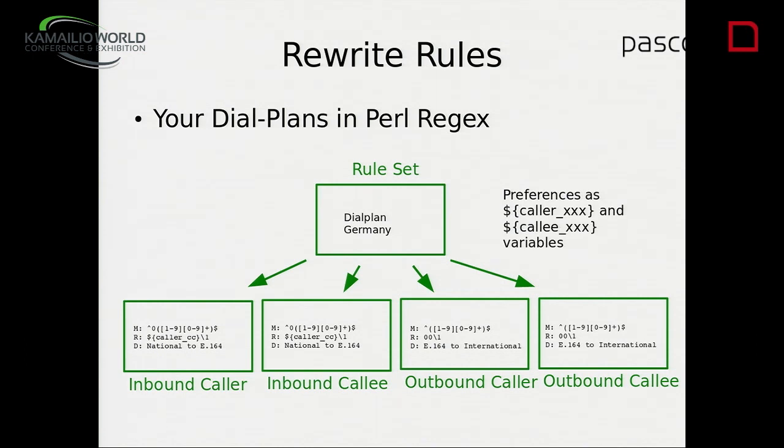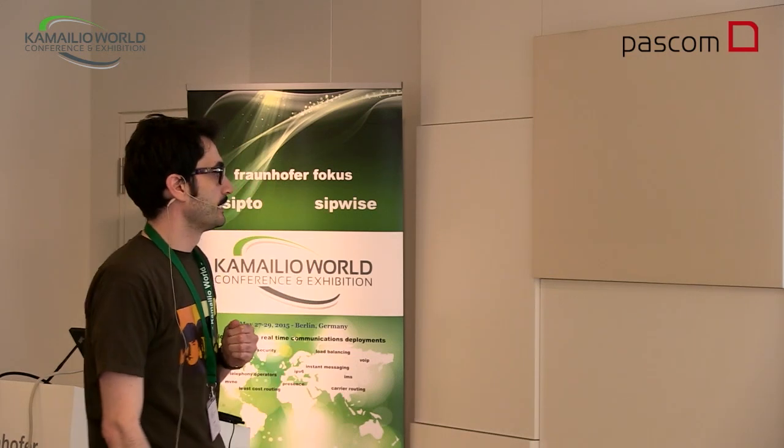Actually, the rewrite rules can be assigned to the domain, so all subscribers under that domain will use the dial plans, or can be assigned to each subscriber if you want to differentiate some subscribers from others, and also they can be assigned to the peerings, because you may need to use different rewrite rules between peers and domain.